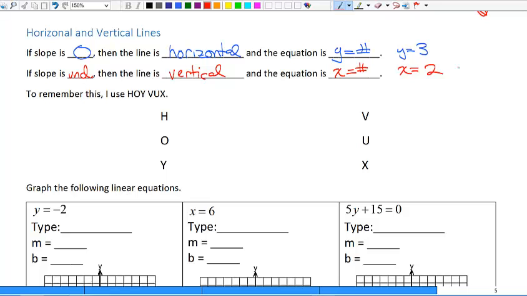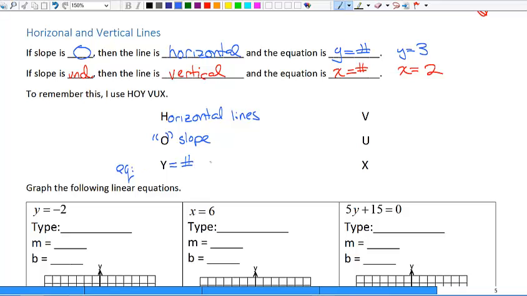So to remember this, I use Hoi Vux, which stands for H stands for horizontal lines, and O is not really just an O, it's also a 0, okay? 0 slopes. Horizontal lines have 0 slope, and their equations look like y equals some number.